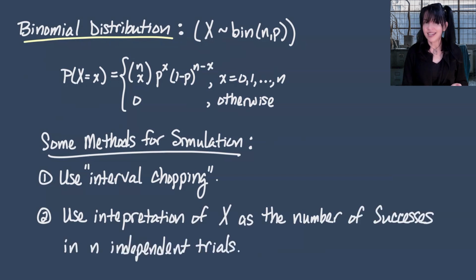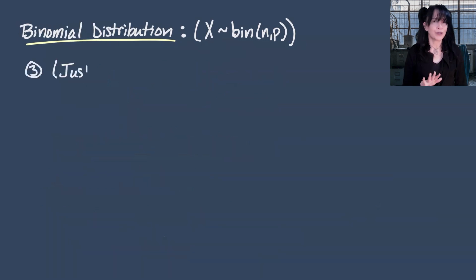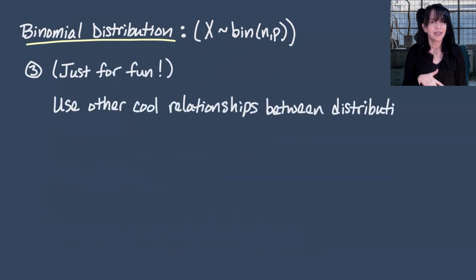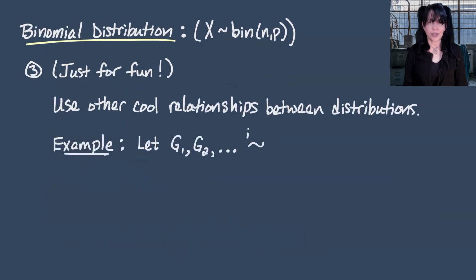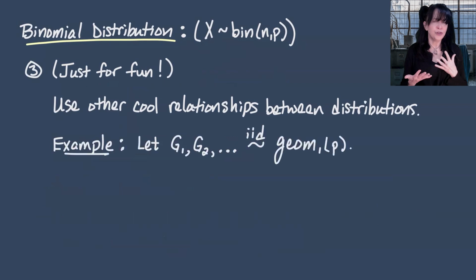And just for fun, and this I think is not really a useful thing, but there's so many cool relationships between distributions, especially with the binomial distribution and others. For example, if I let capital G1, capital G2, etc. be IID from the geometric distribution with parameter p, the one starting from 1. So I have a geom sub 1 here of p, and you usually see geom of p or geometric of p.